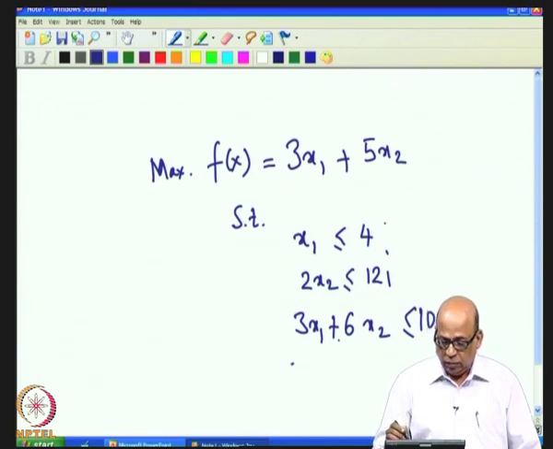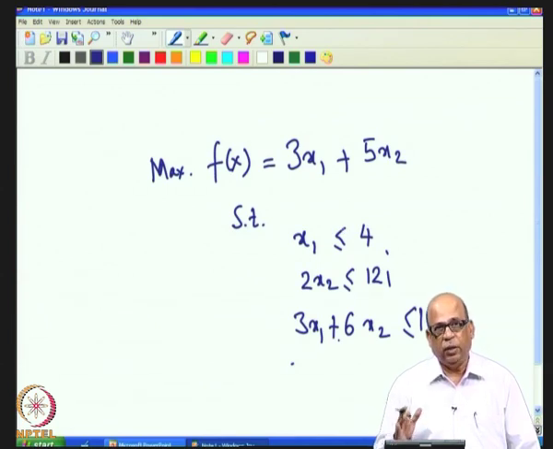So, these sets of conditions in fact will determine whether a given value of x1 and x2 is in fact feasible or not. What do I mean by that? Let us say I have a solution x1 is equal to 5, that does not satisfy this condition, and therefore, x1 equal to 5 is not a feasible solution.